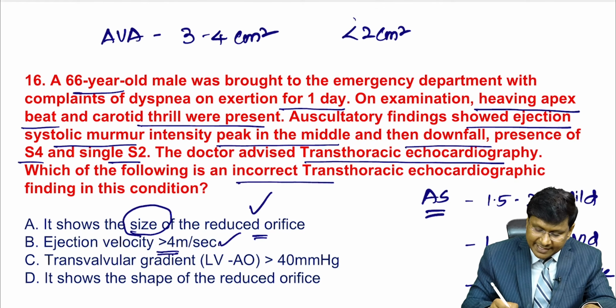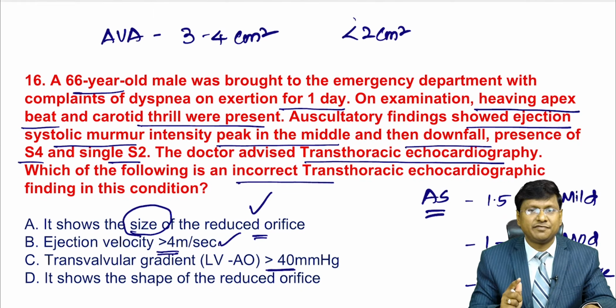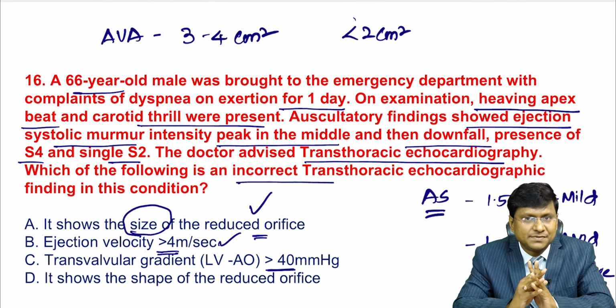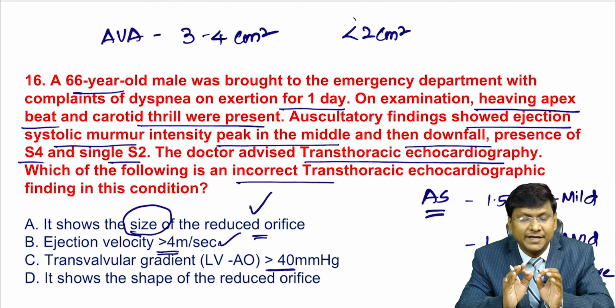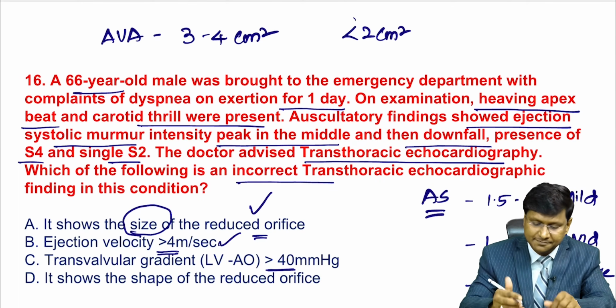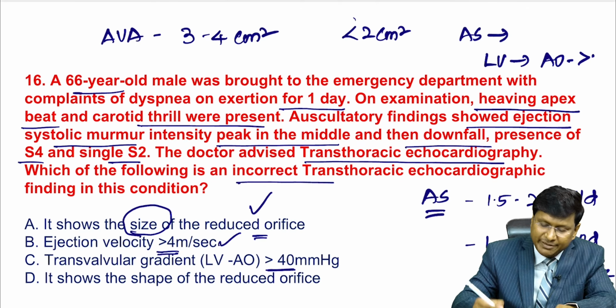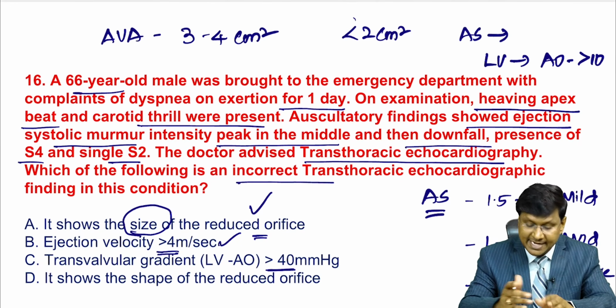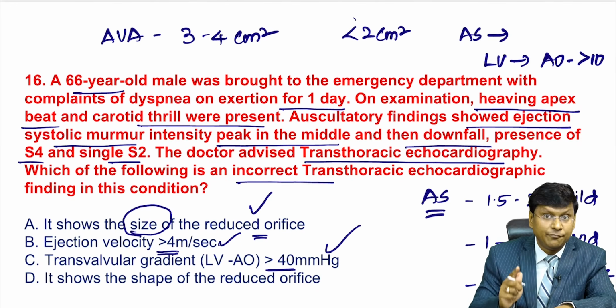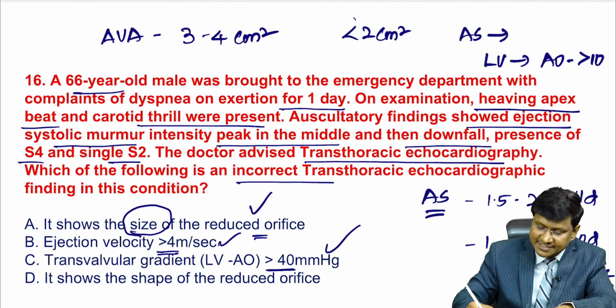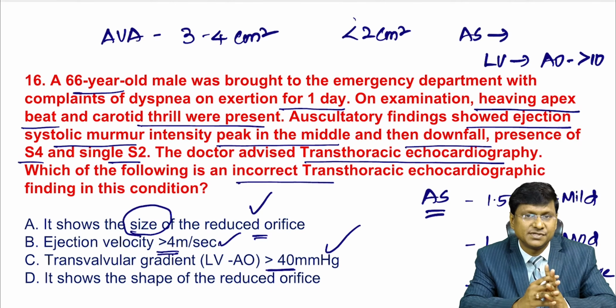And transvalvular gradient is more than 40 millimeters of mercury. See, the gradient between the left ventricle and aorta should normally be around 5 millimeters of mercury. To call it aortic stenosis, the gradient between the left ventricle and the aorta should be more than 10 millimeters of mercury. And if the gradient is more than 40 millimeters of mercury, it is very much suggestive of severe aortic stenosis.